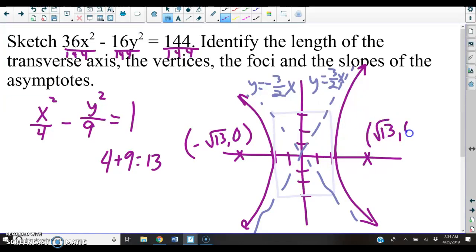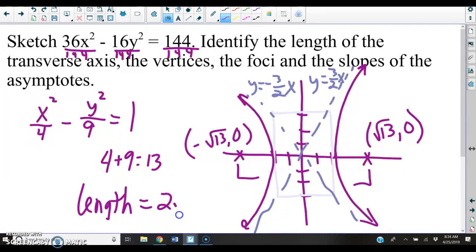And I've done everything. I've found the length of the transverse axis, which is going to be from here to here. So the length of the transverse axis is 2 square roots of 13. Square root of 13 to the right and to the left. I found my vertices. My vertices are at 2, 0, and negative 2, 0.